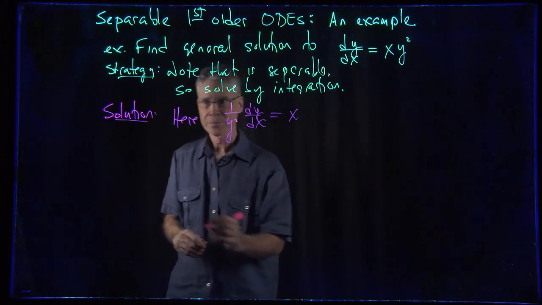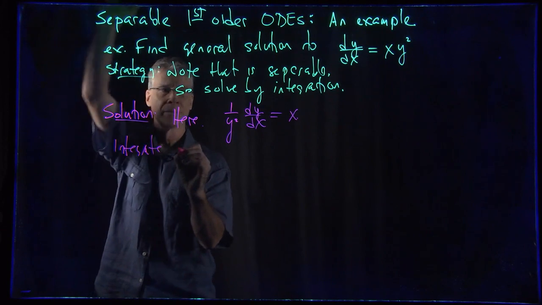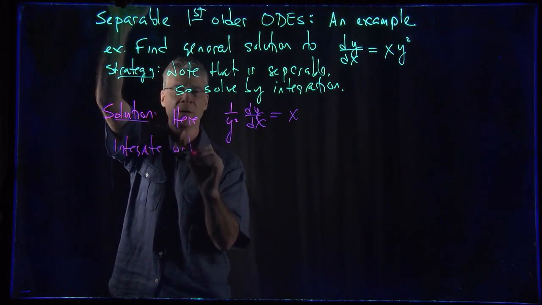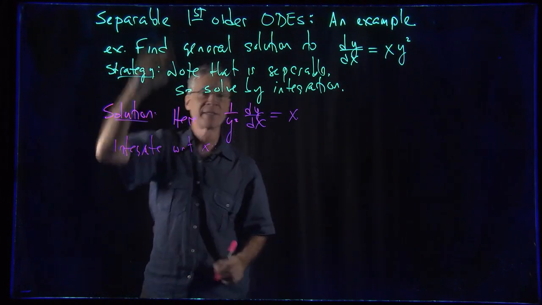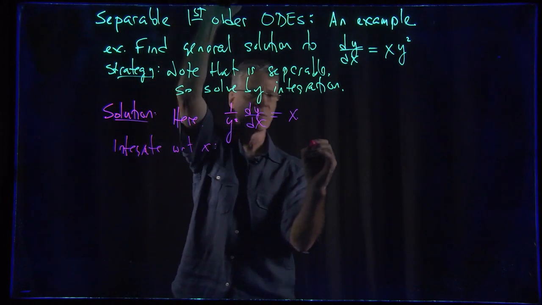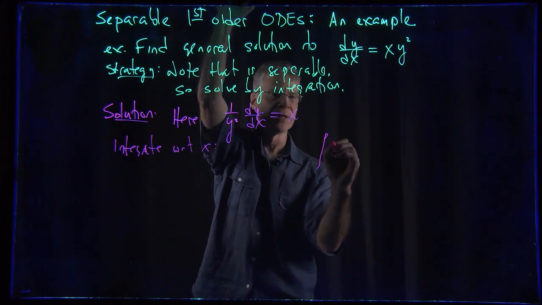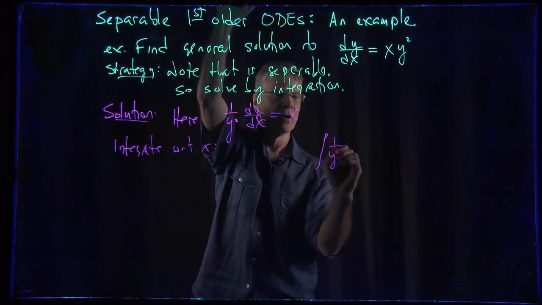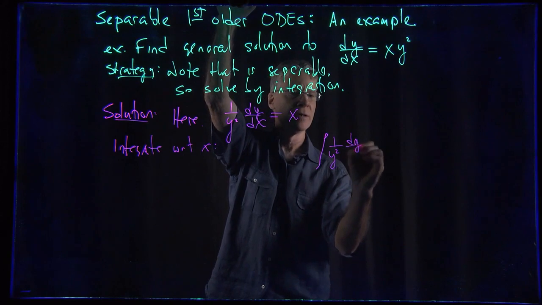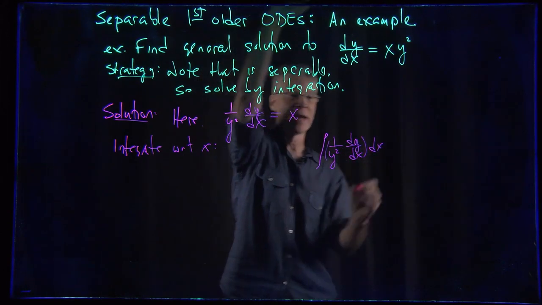Okay? So integrate. We're really integrating with respect to x on both sides. That's actually kind of necessary. So I'll write this as the integral of 1 over y squared dy/dx, and that's really with respect to x that we're integrating.